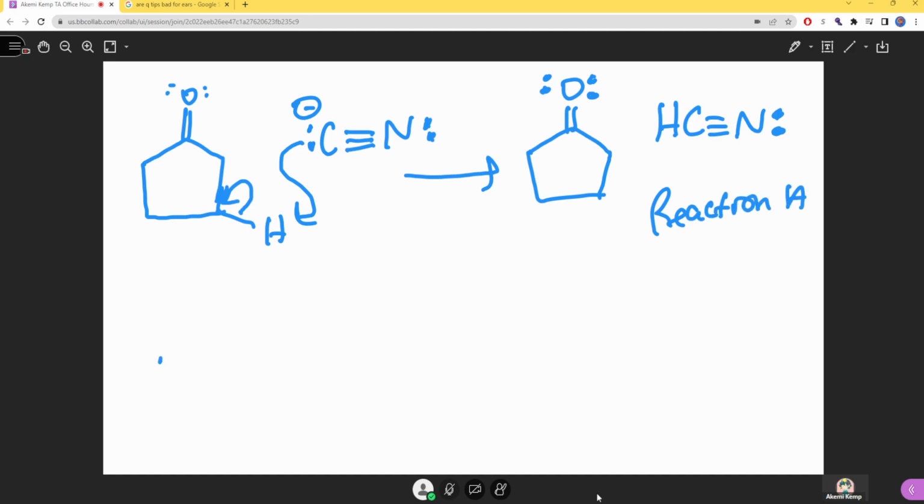Then reaction B, kind of the same thing, but this time the cyanide had attacked a different place.